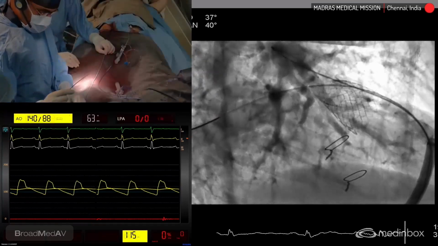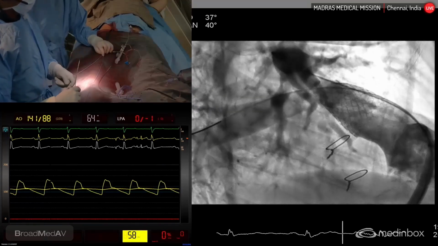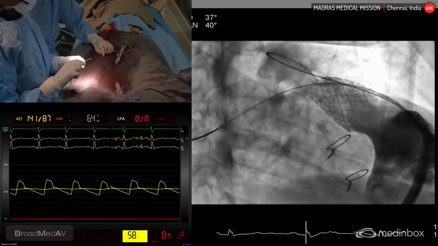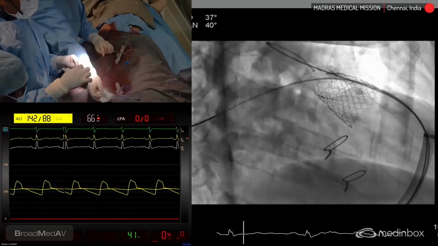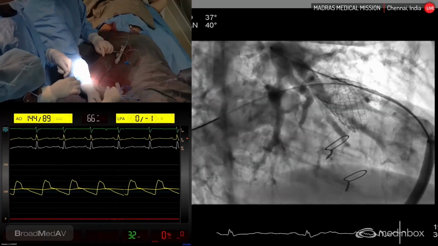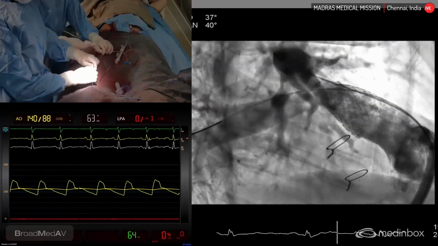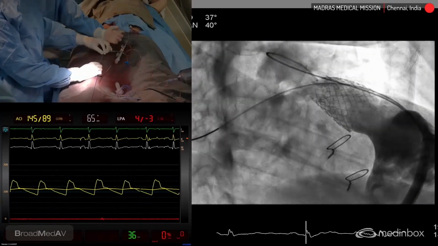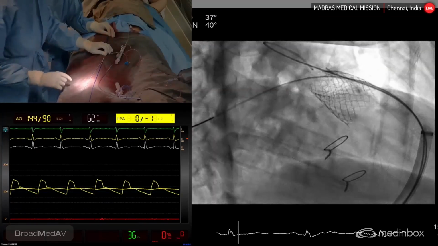We will take the Lunderquist wire. Let go. Okay. Connect a larger. Can you prepare the balloon there? Yes, sir. Okay.